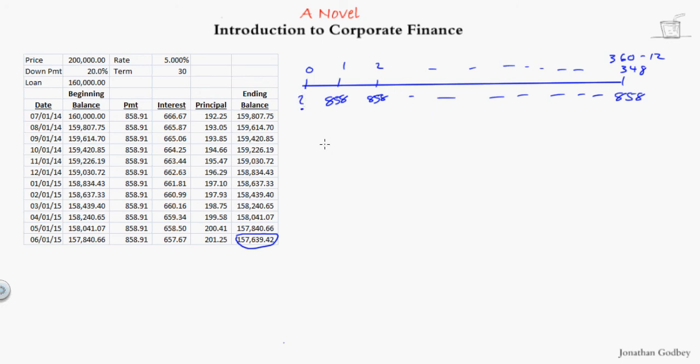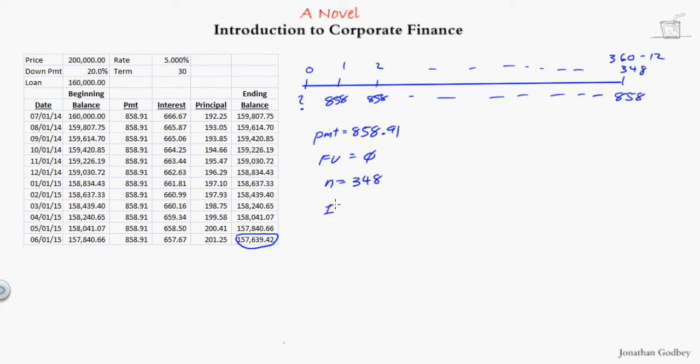So what's happening, I owe the bank these future payments, and I say, well, what would the bank be happy with getting today? Where are they indifferent between? And the way I do that, I say my payment is equal to 858.91. The future value is 0. That's the cash flows. There are 348 left, so I have the size and timing of the cash flows.